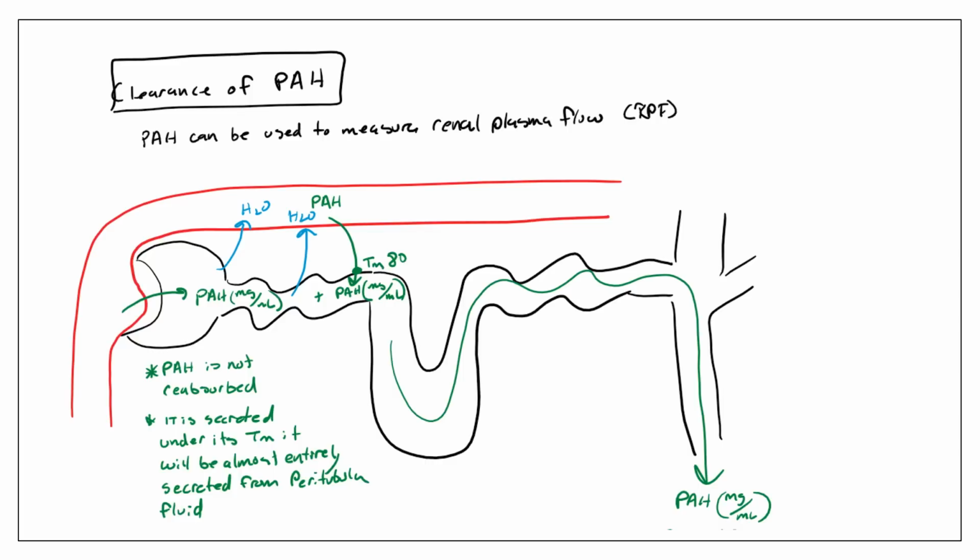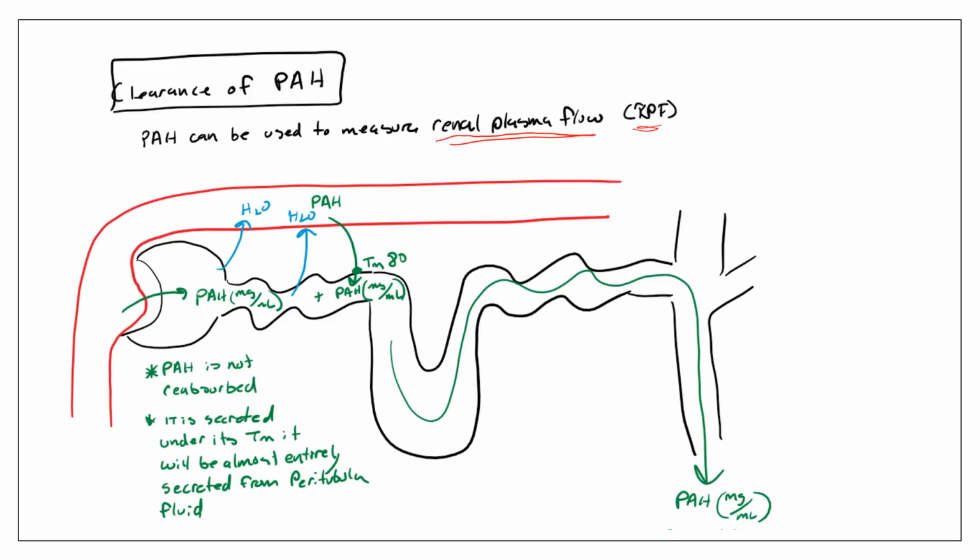So the example I want to give now is the clearance of something called PAH, or para-aminohippuric acid. Now this particular substance has properties that allow us to actually measure the renal plasma flow, otherwise known as the RPF. And this is talking about the total renal plasma flow.